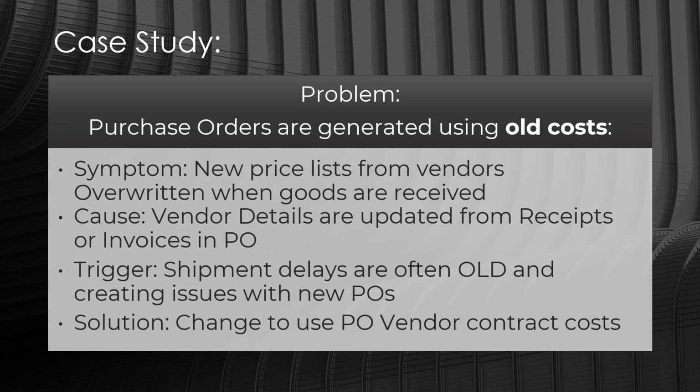So we had to find a way that they could still issue their purchase orders using the new price lists and continue to receive goods with the old prices and not have updates and overrides. That was where we looked at changing them over to the new PO vendor contract costs instead. So we're going to take a look at that.